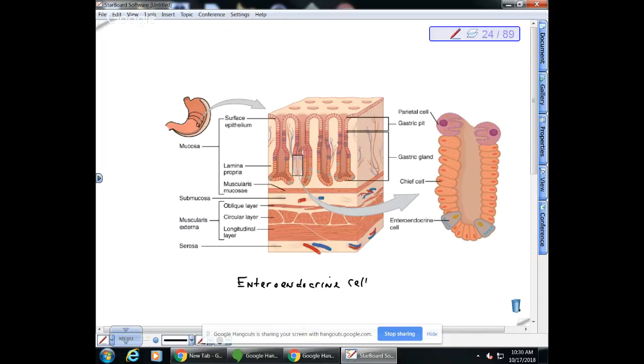So if you look at this word inside the enteric system, right? Endocrine means hormone. So these secrete a hormone called gastrin. That's easy to remember because gastrin is like stomach, right? Gastric juice, gastrin. So this is actually a hormone that stimulates more digestive secretion.